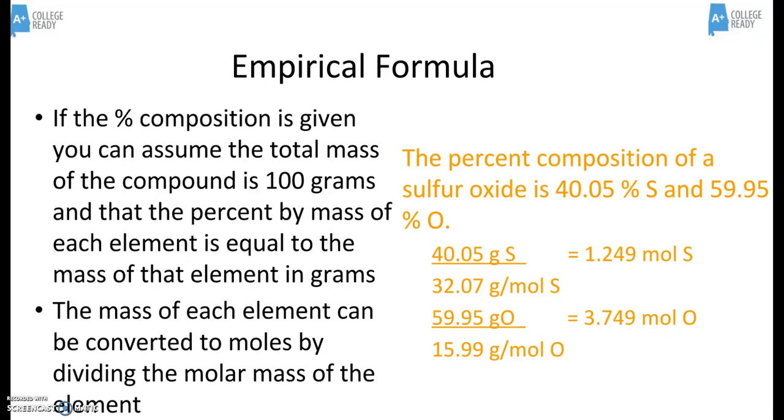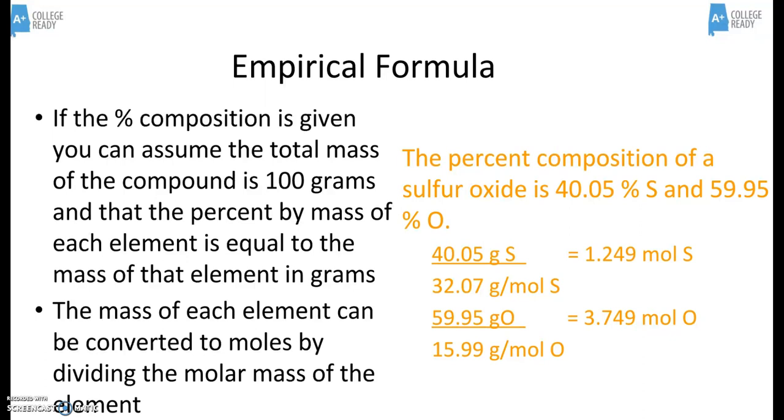Well, I know that because there's 100 grams in 100%, I take my individual parts, my sulfur and my oxygen amount in the given, divide it by their individual atomic masses from the periodic table to get my moles of each element. Now what do I do?